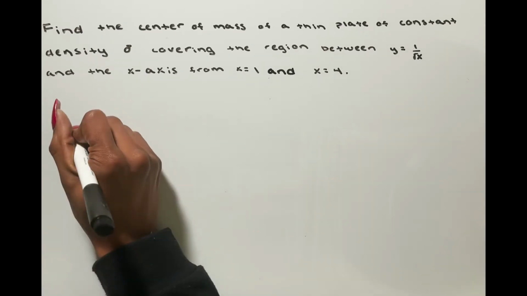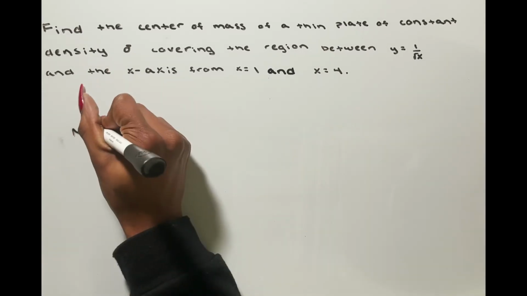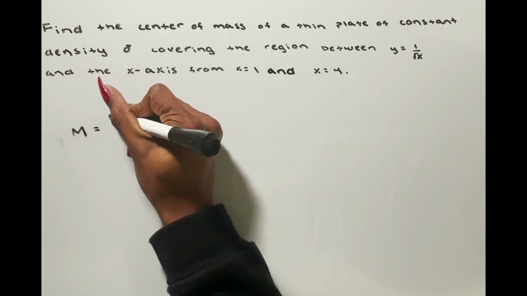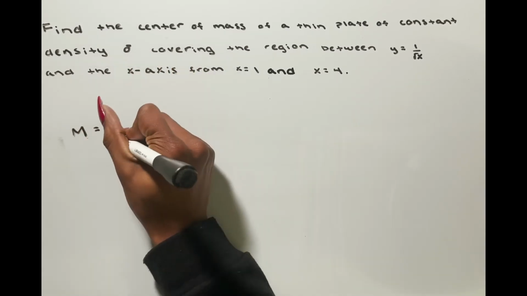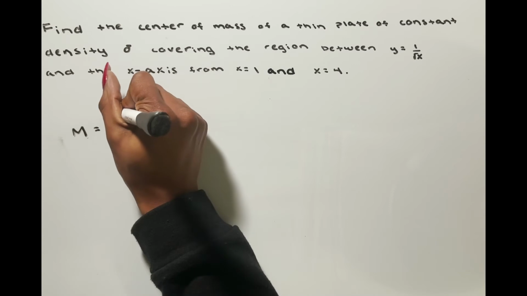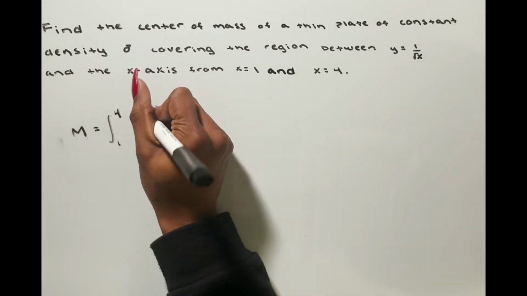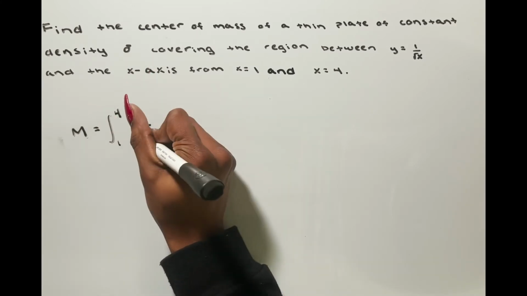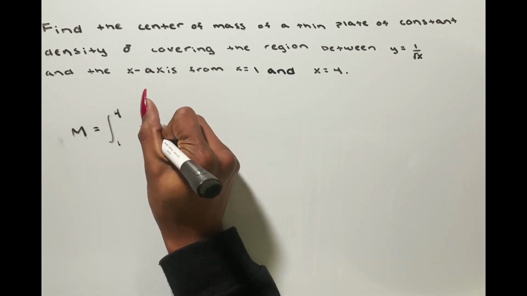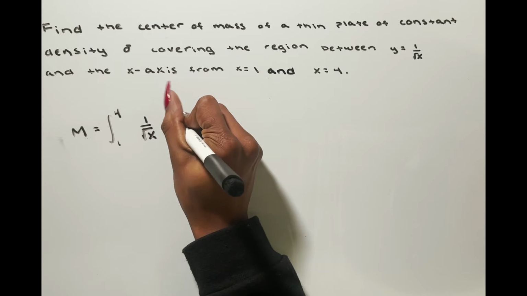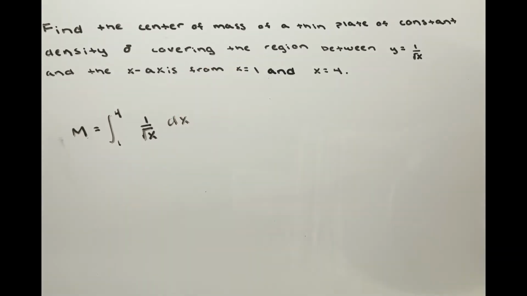We'll start by calculating the total mass represented by m. We'll solve the integral from alpha to beta. In this example, that is 1 to 4. And we're solving the integral of our function given by 1 over the square root of x with respect to x.